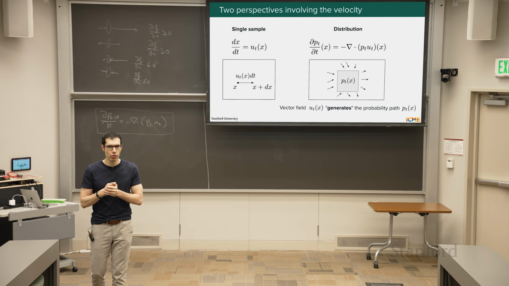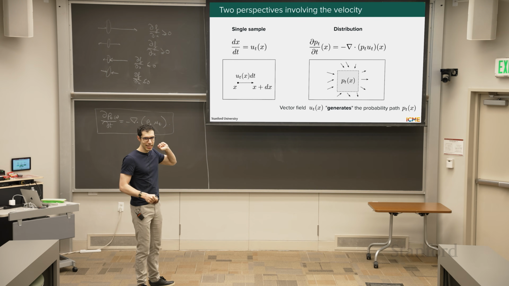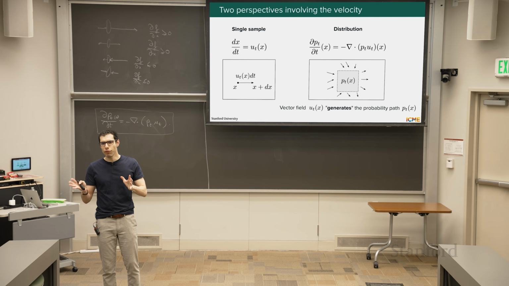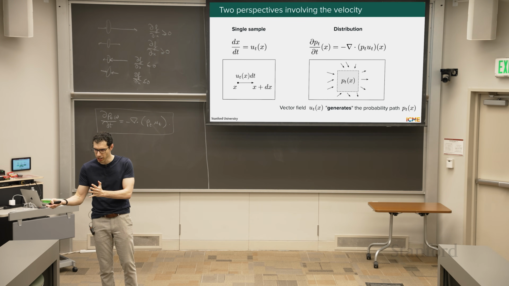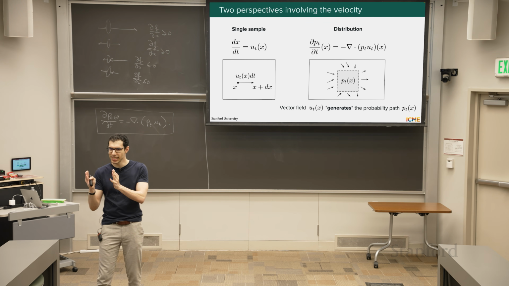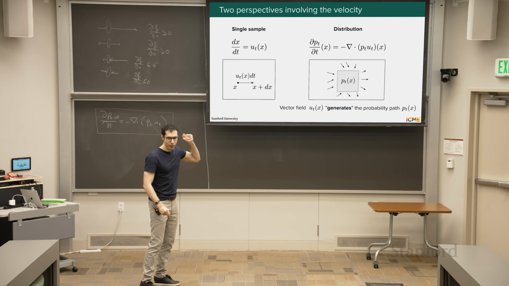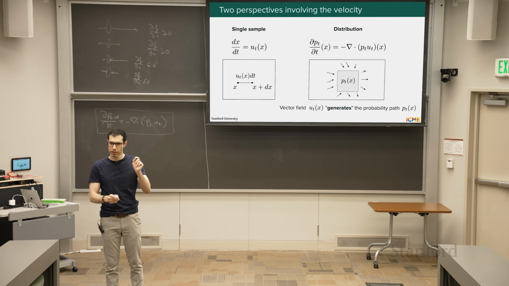So the question is, would the solution of this equation be the target? On the left-hand side, if we know u_t, and if we know that u_t is allowing p_t to go from P0, something that we decide is easy to sample, to P1, what we care about, then if you sample x from P0, you have your initial condition.